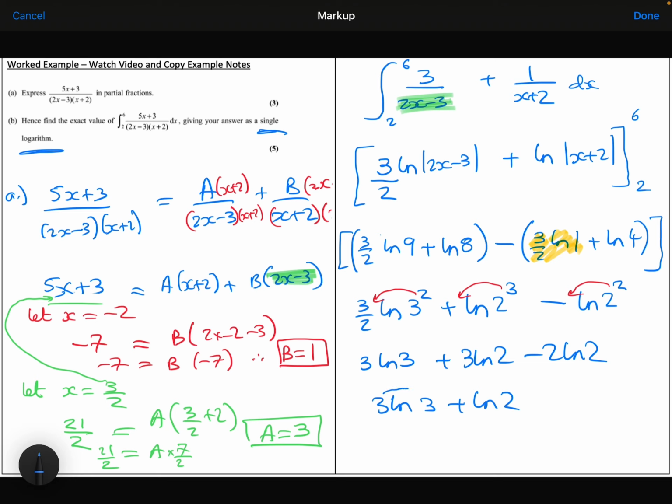So let me take that 3, put it back here as a power. So ln of 3 cubed is 27, plus ln 2, which is the same thing as ln 54, just multiplying the 27 and the 2 together. And there we go, we have our single logarithm.